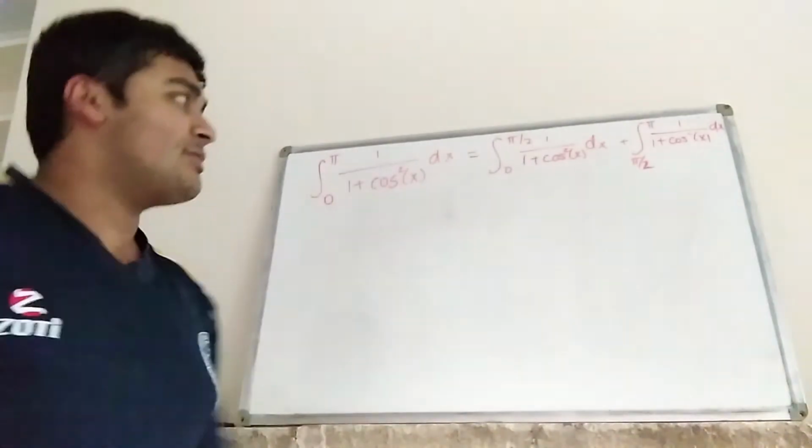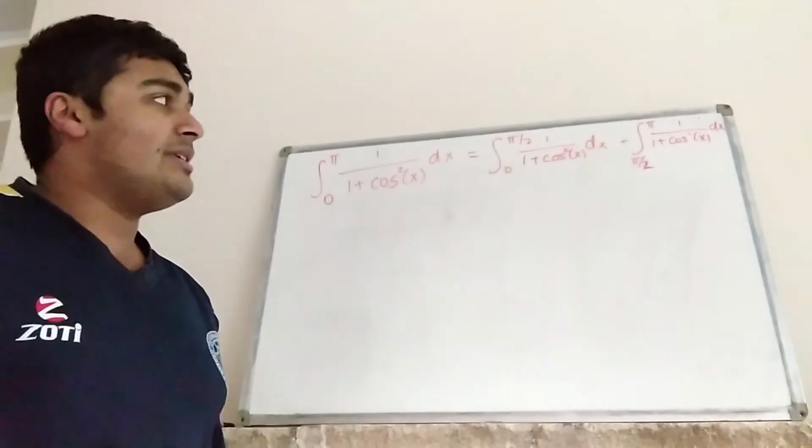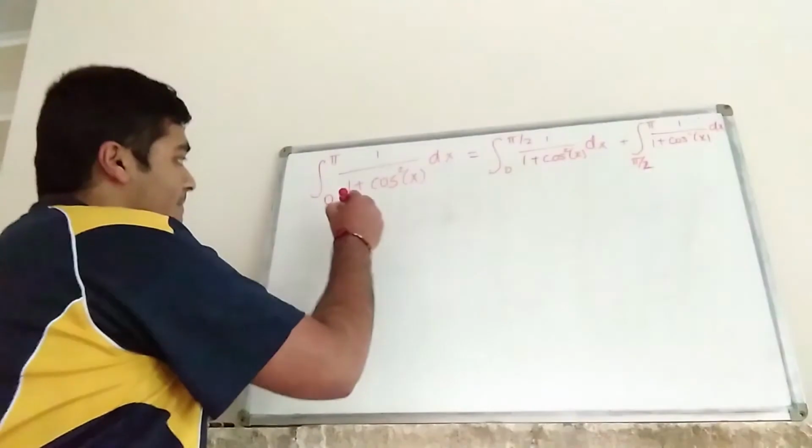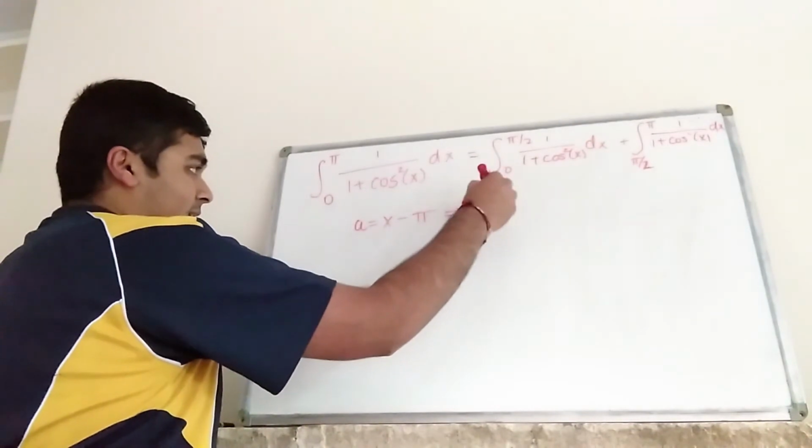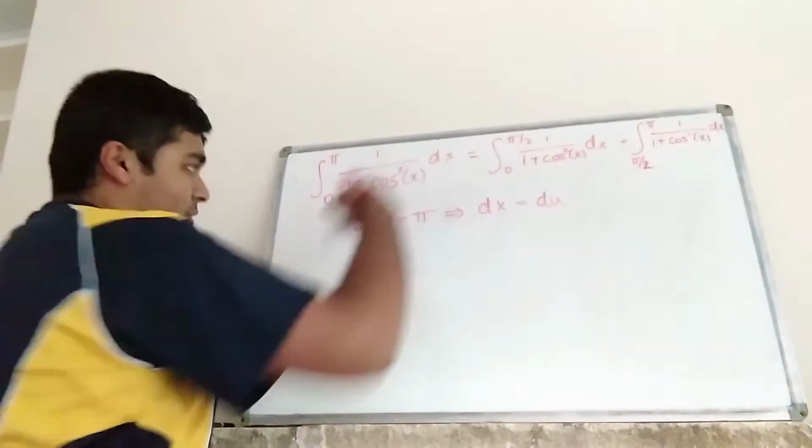The u substitution I'm going to do here is u equals x minus pi. So of course that just means that dx is the same as du, because pi is a constant.